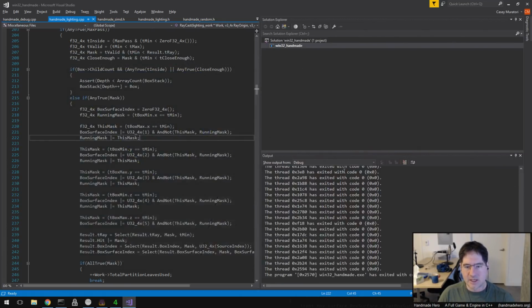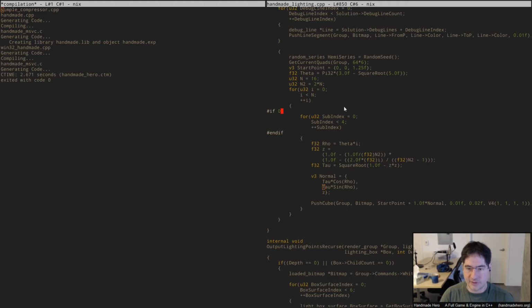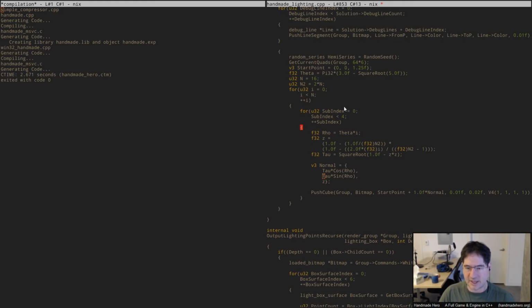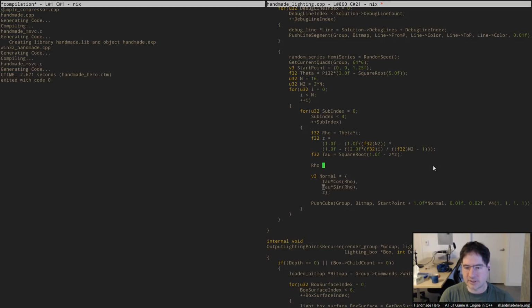So for each of those, if we did a subindex here and we wanted to add random jitter to it, we could add random jitter by randomly jittering the rho and the zeta, or the z in this case. So what I could do here is take this and introduce a random bilateral.